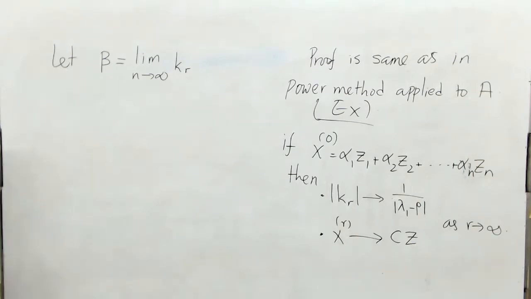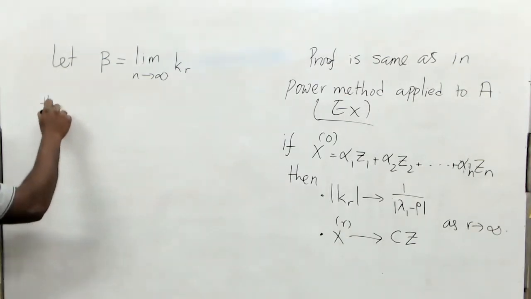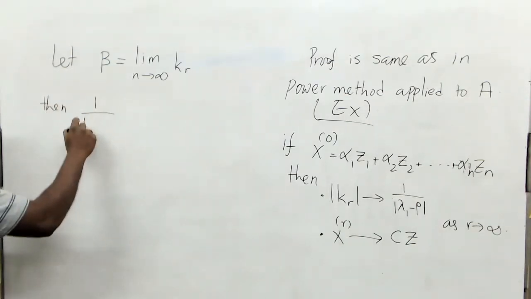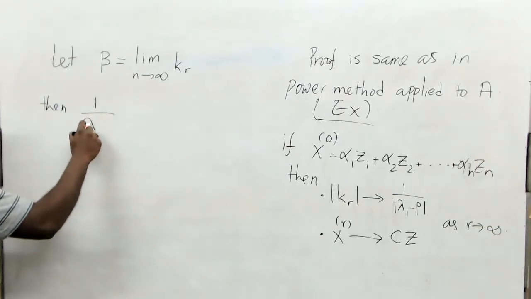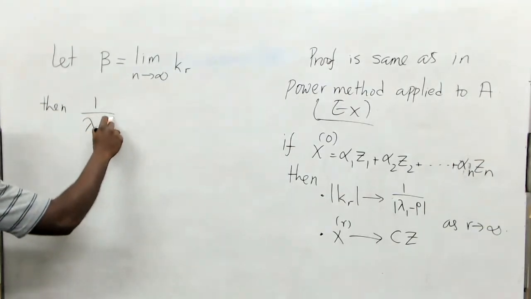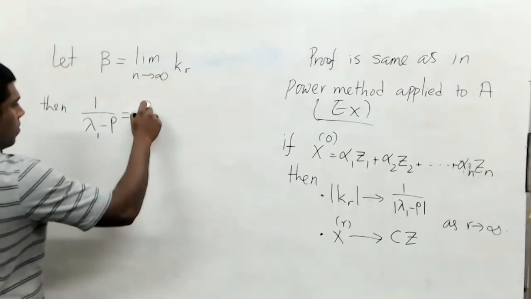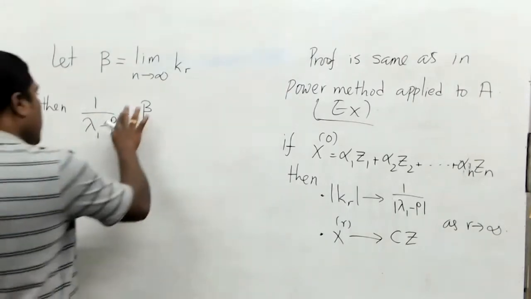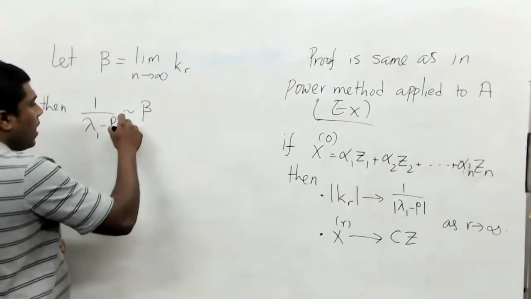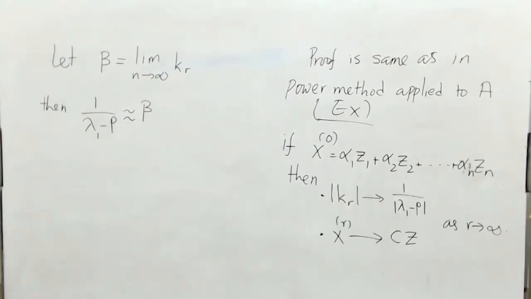Then 1 upon lambda 1 minus rho is basically an approximation for beta, so it is not exactly equal; I say it is approximately equal.